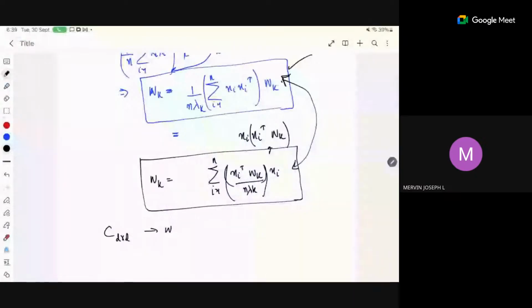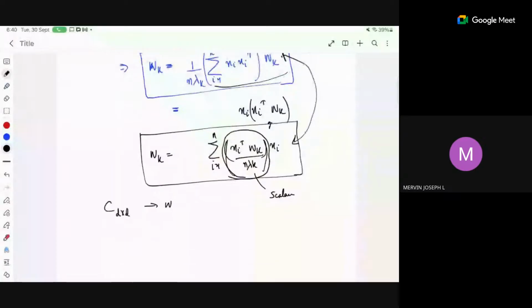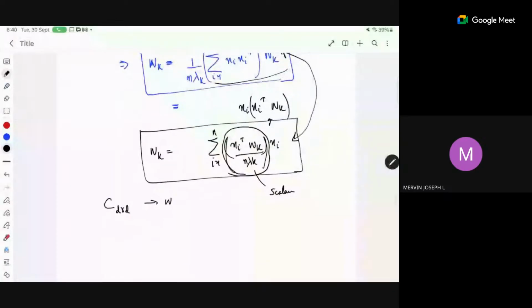But if I pull this wk inside and write this term as xi transpose wk divided by n lambda k, then I know that this is nothing but some scalar. Are you all convinced that this is a scalar? Yes, ma'am. So this is just going to be some scalar quantity.